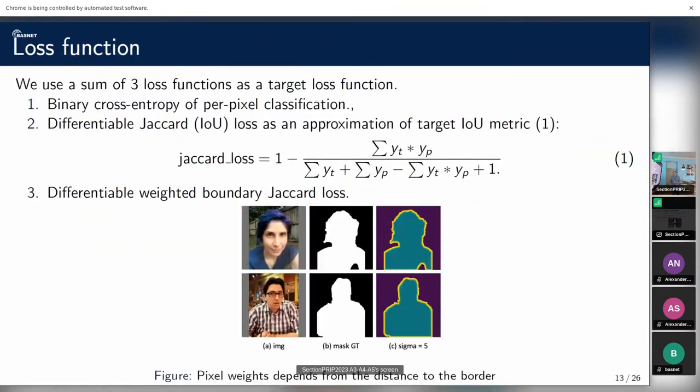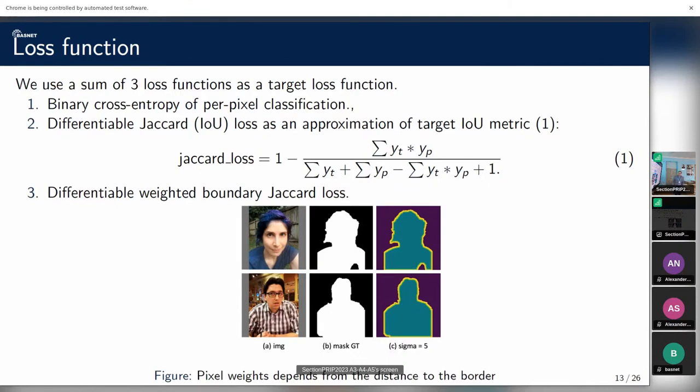Yes. For the loss function, I use a combination of binary cross entropy, Jaccard loss, and Jaccard loss weighted by pixel probability.